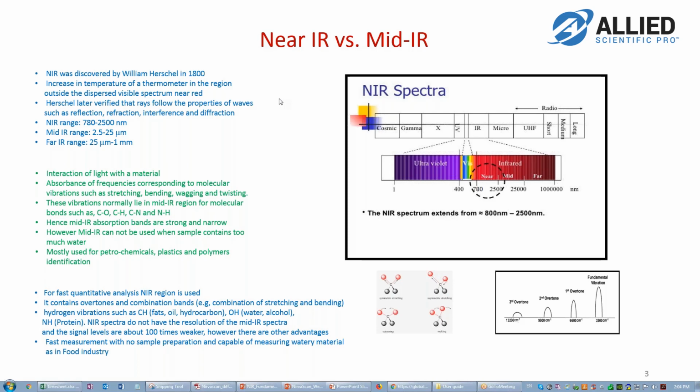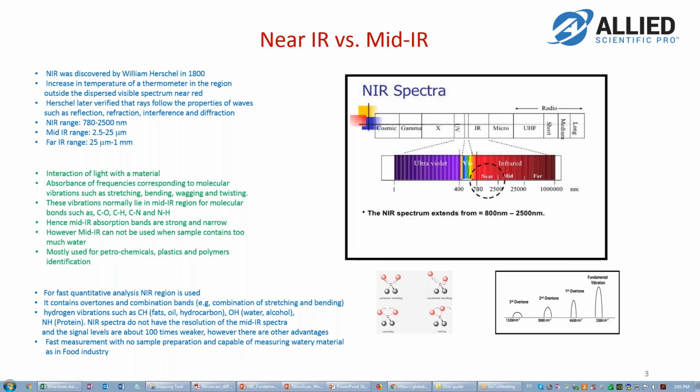And then later on, he verified that these rays also follow the properties of waves such as diffraction, interference, refraction, and reflection. So what happens in near IR or mid IR spectroscopy is that there is an interaction of light with the material. The IR radiation is absorbed by material only at certain wavelengths.